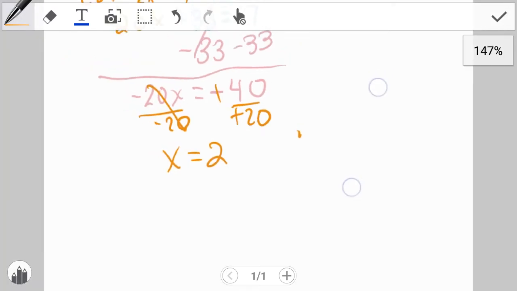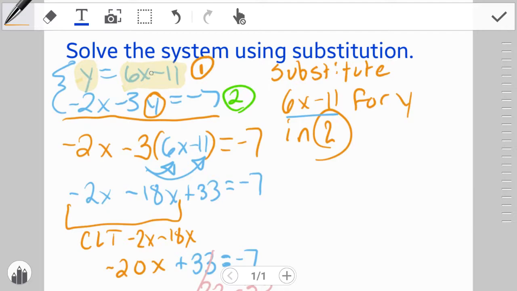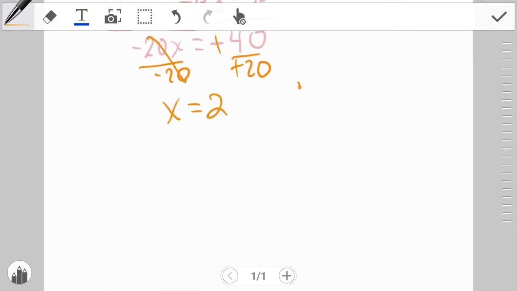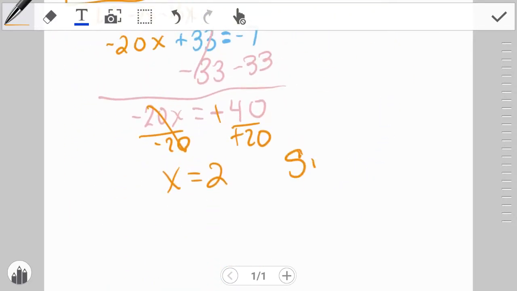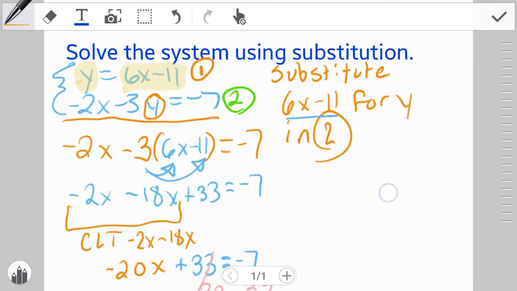So now that we know that x equals 2, we are going to take one of the equations, and now we're going to substitute in 2 for x in either equation. But I'm actually going to pick y equals 6x minus 11 because it already has y solved for.